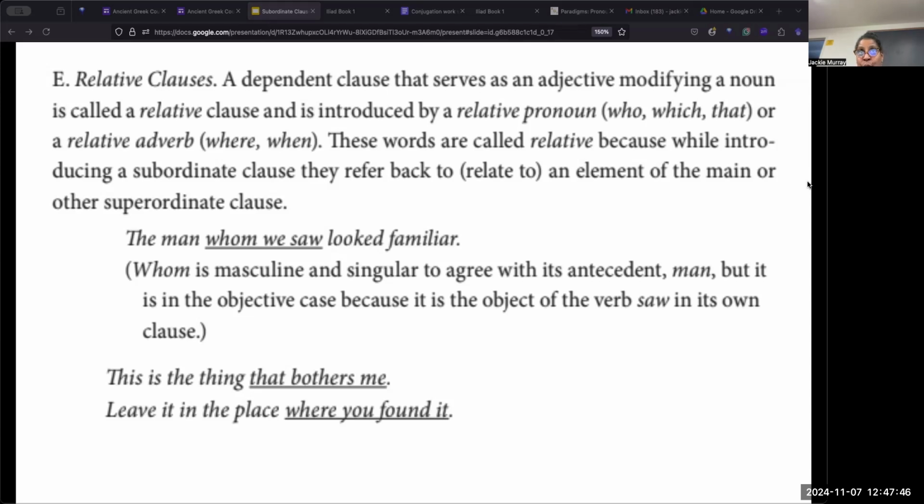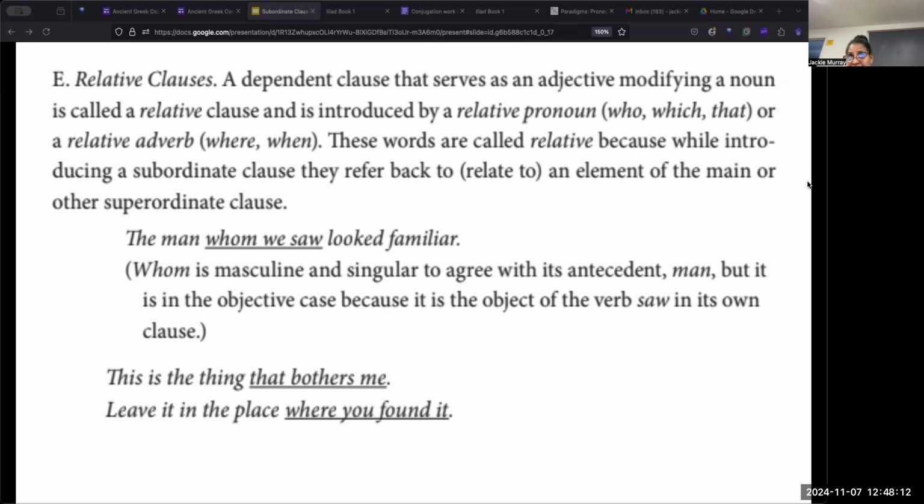Well, the man whom we saw looked familiar, right? So whom and the man refer to each other. We call the man the antecedent. What does whom refer back to in the main clause? Well, it refers back to the man, right?